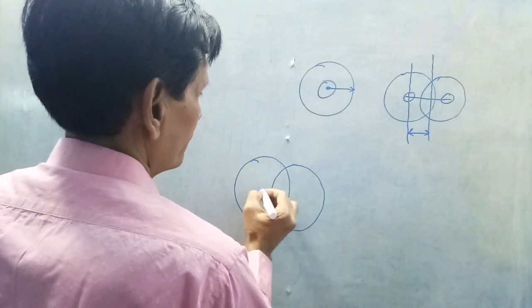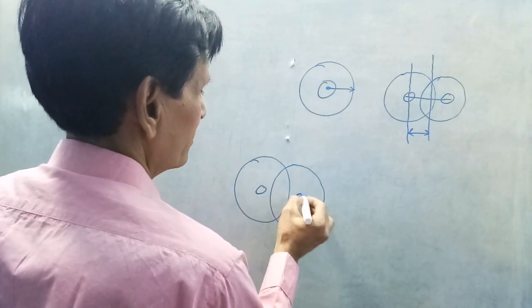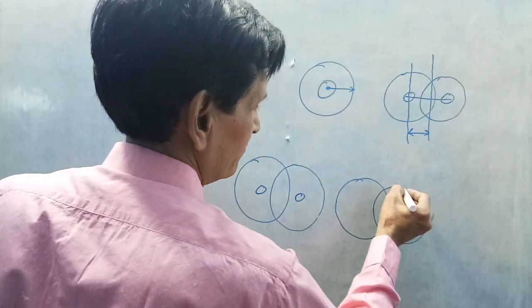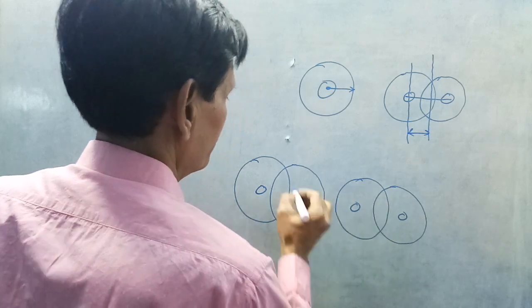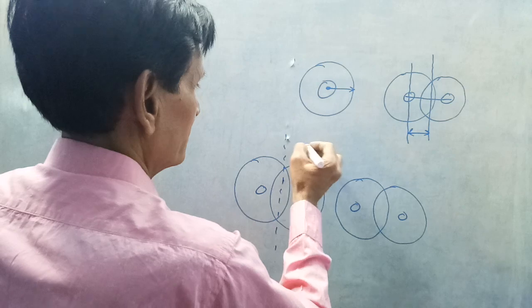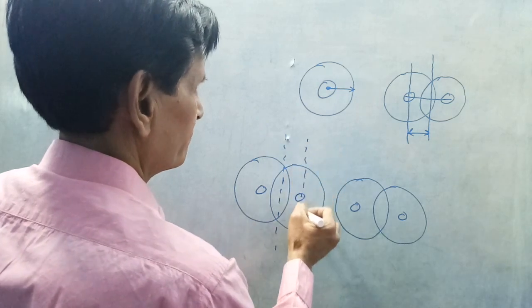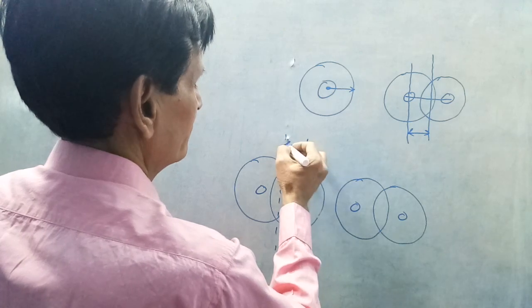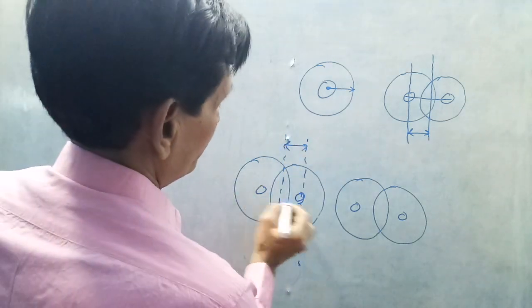And here, this is the nucleus, another I2, another I2. Now in this iodine, this distance is here.